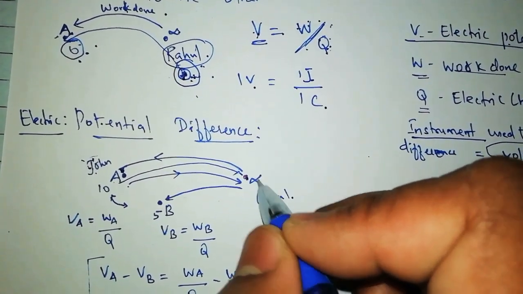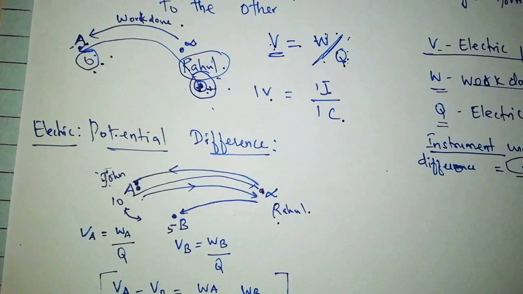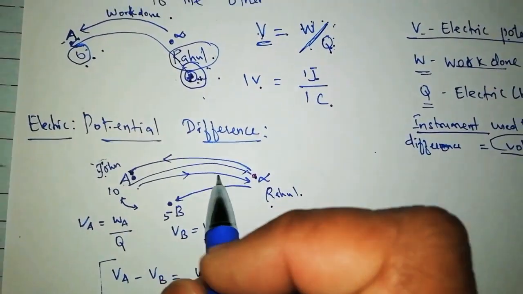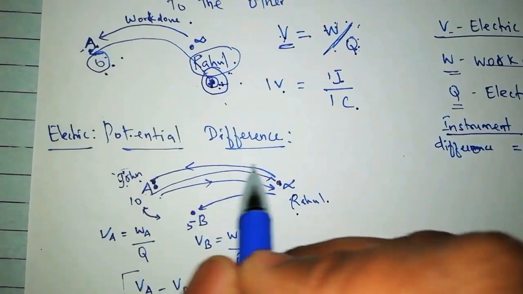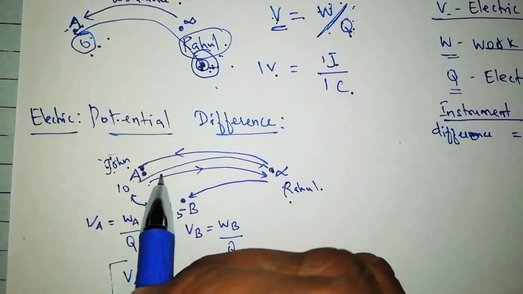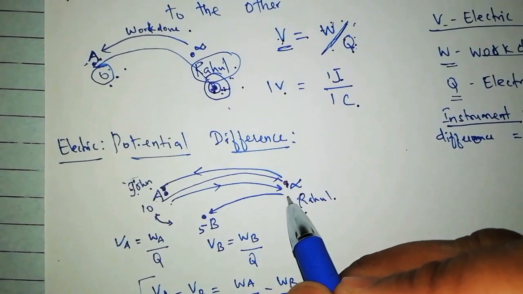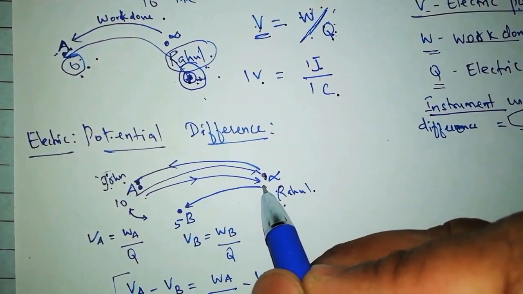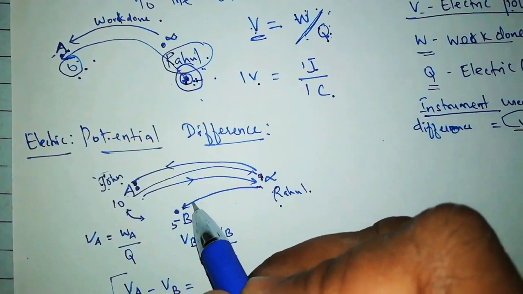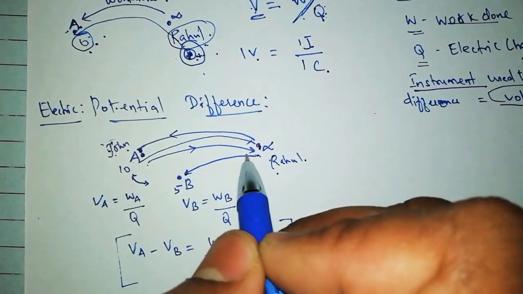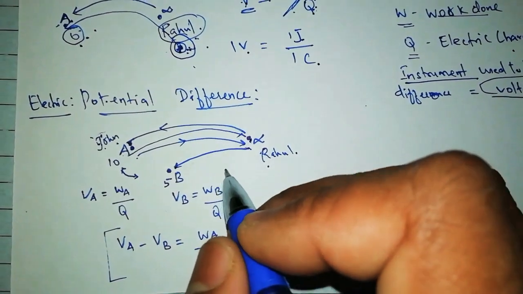Bringing the charge from a long distance to point A, Rahul loses all his energy. He has done some work bringing the charge from one place to another, but John kicked it, so it went to infinity. Again Rahul brings the charge from infinity, but he can't reach A because he lost lots of his energy.